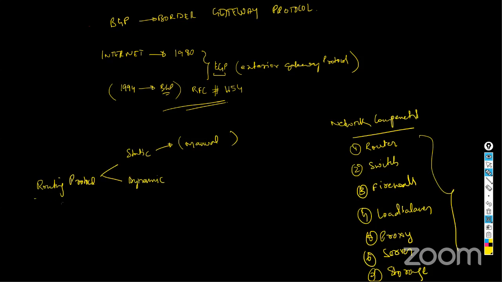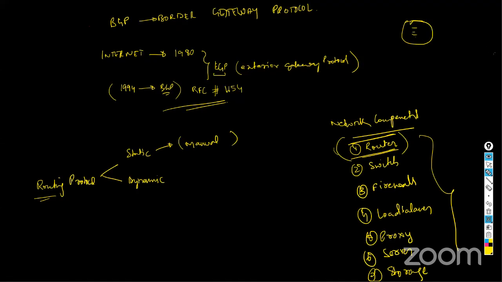Now I'm talking about routing protocol, which is a language that a router is going to understand. It's something like two native US guys, or let's say two native French speaking guys, speaking in the French language, right? That's something we can resemble it to. A router is a hardware which has its own communication.